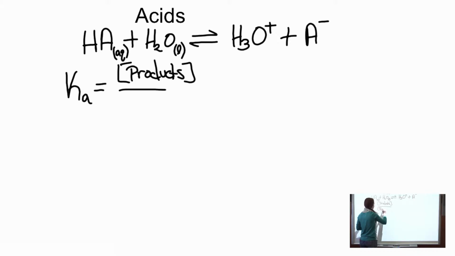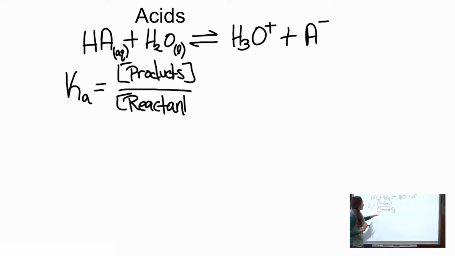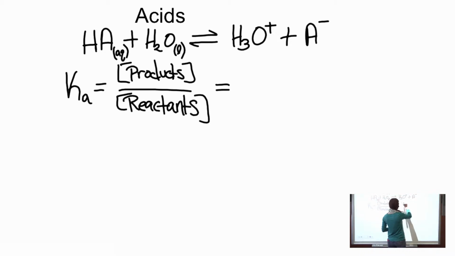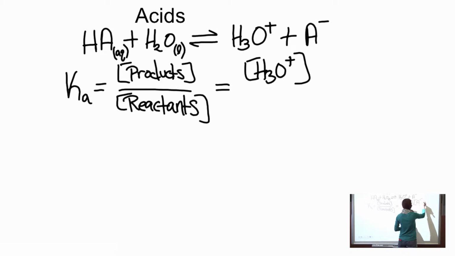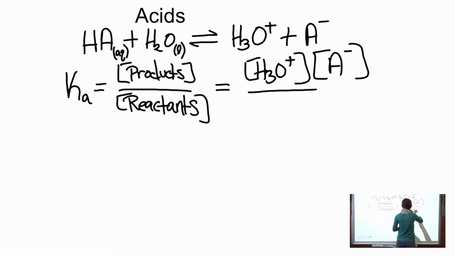And again, this is in terms of concentration, so you're going to put in any terms in this equation that are not solid or liquid, because otherwise your concentration is just going to fundamentally be 1. So for this particular general equation, we have concentration of hydronium times the concentration of your A minus all over the concentration of HA.